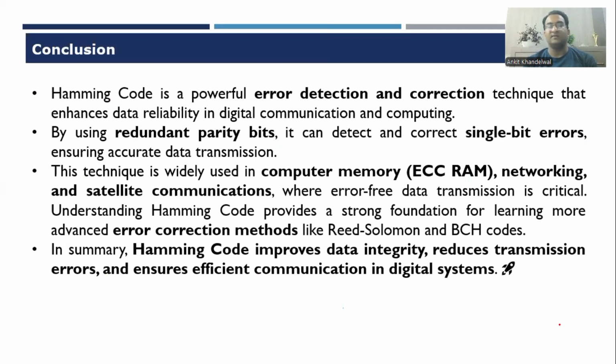Understanding Hamming code provides a strong foundation for learning more advanced error correction methods like Reed-Solomon and BCH codes. In summary, Hamming code improves data integrity, reduces transmission errors, and ensures efficient communication in digital systems.